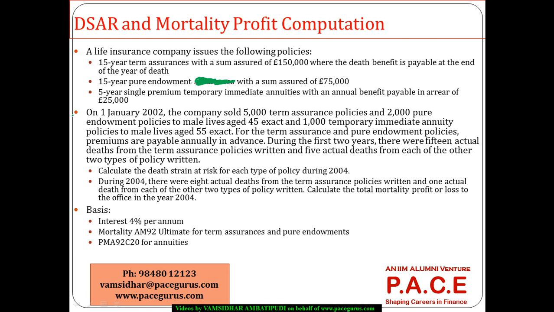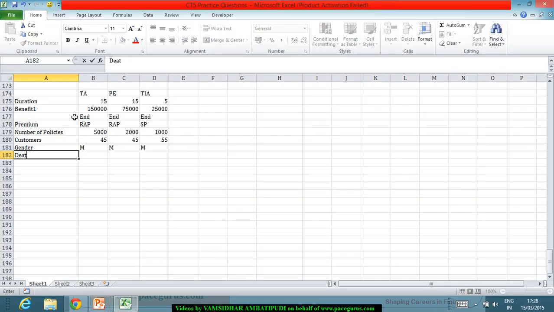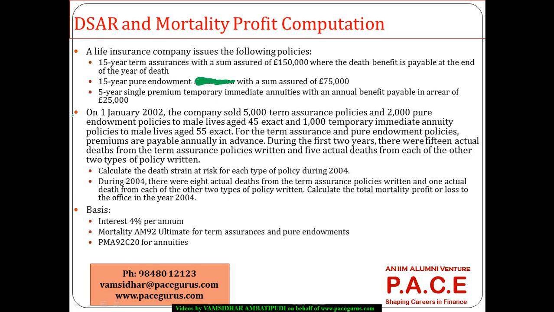During the first 2 years, there were 15 deaths from the term assurance policies written, and 5 from the two other policy types. This is issued on January 1st, 2002, so this covers the whole of 2002 as well as the whole of 2003.